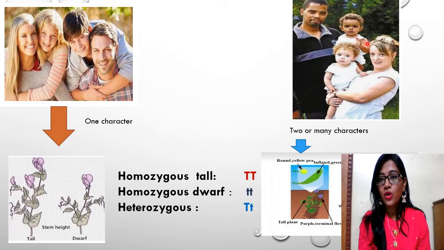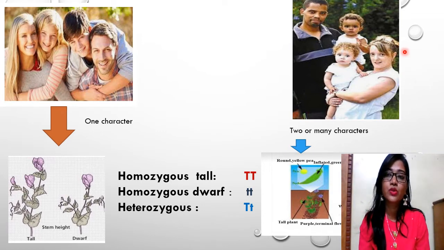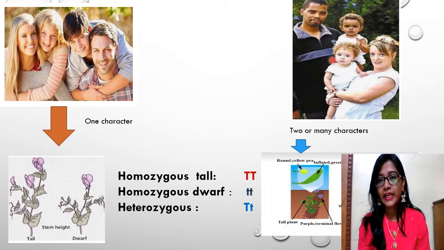If you observe the family, the complexion of the father is transferred to the first filial generation, and the mother's complexion is also transferred to the first filial generation. Some characters are transferred to the first filial generation, while some remain hidden and are observed in the second filial generation.